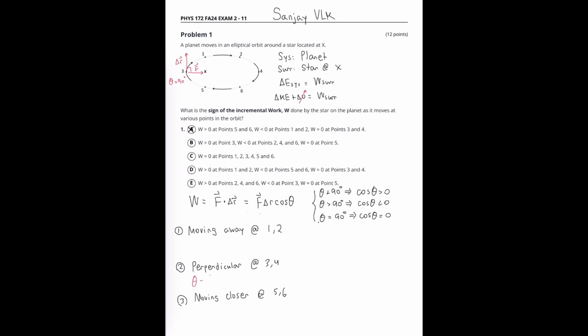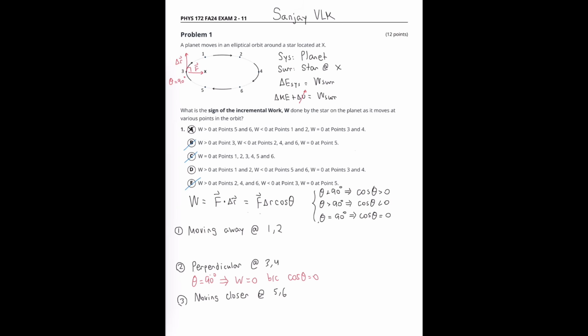So theta is equal to 90, which will imply that work is equal to 0 because cosine theta is equal to 0, and that means work is equal to 0 at points 3 and 4. So right away we can cross out answer choices C, B, and E. It leaves us with A and D.